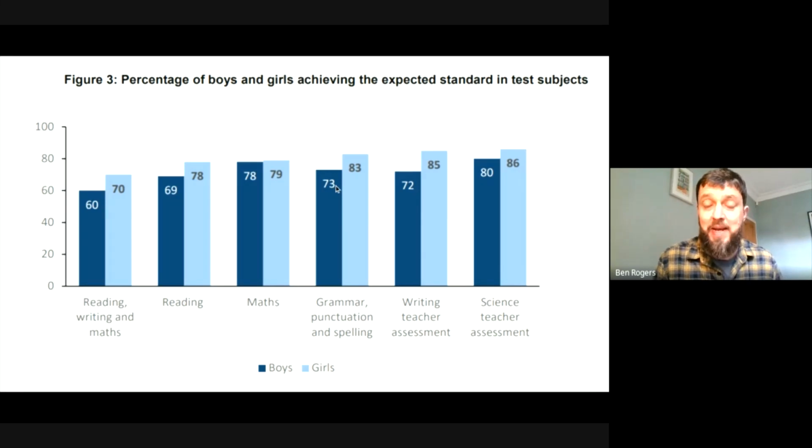Grammar, punctuation, and spelling. Bear in mind, the children that are coming to you are really quite sophisticated at their grammar, punctuation, and spelling, and also handwriting. So if you accept lower standards because of this transfer effect or laziness, or I don't know what it might be, whatever it is, if you accept it, they will do it.